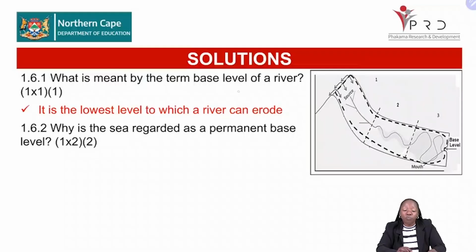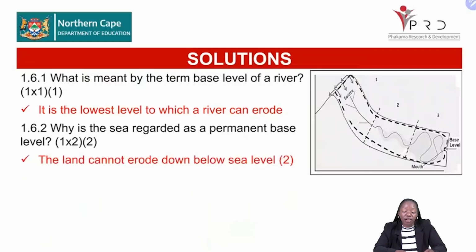Then secondly, why is the sea regarded as a permanent base level of erosion? It's because the land cannot erode down below the sea level. That is why all the rivers end in the sea, because this is the end. This is the permanent base level of erosion.